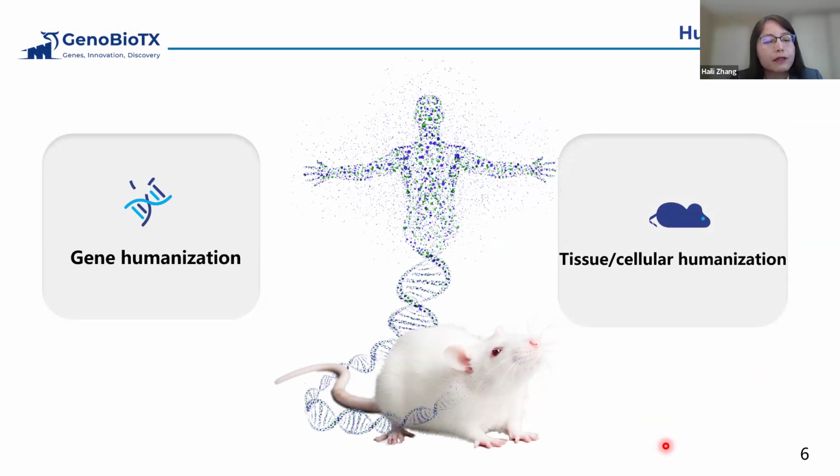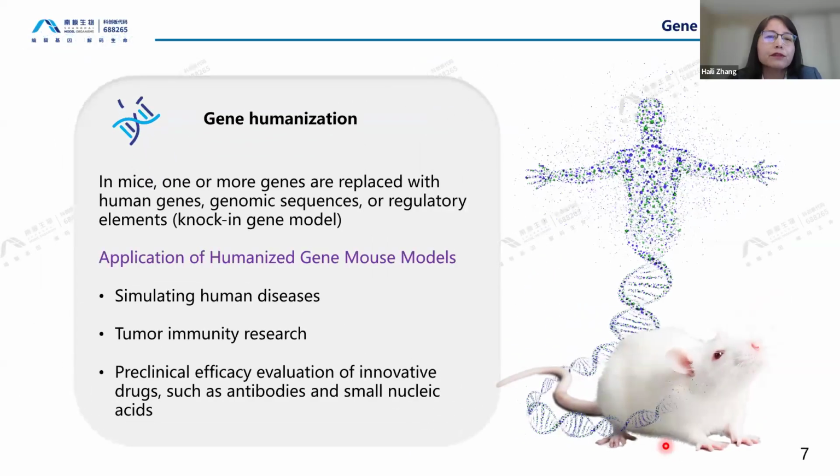One is gene humanization and another is tissue and cellular humanization. Gene humanization is an approach of using gene editing tools such as CRISPR-Cas9 or ES cell-based technology to introduce one or more human genes into the mouse genome. This technology allows researchers to create mouse models that better replicate human genetic traits.